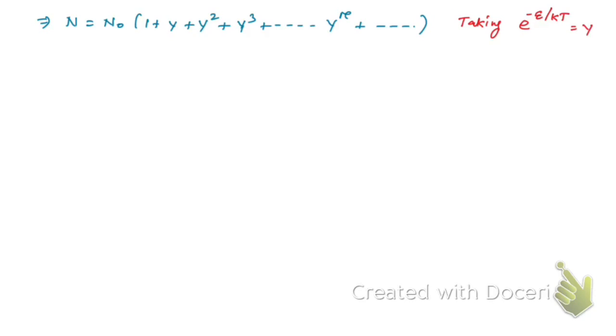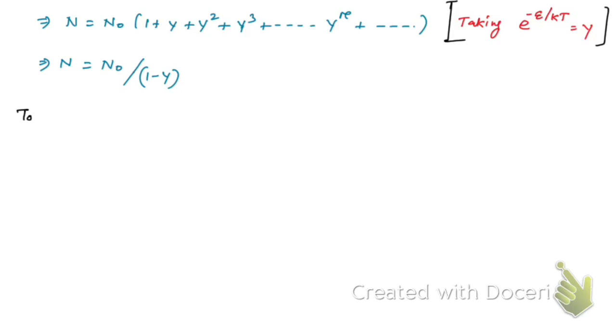So N is going to be equal to N naught within brackets, we're going to get this, where e to the power this is equal to y, right? Now you see the series, the sum of the series within brackets will be given by this. Let me explain this first.